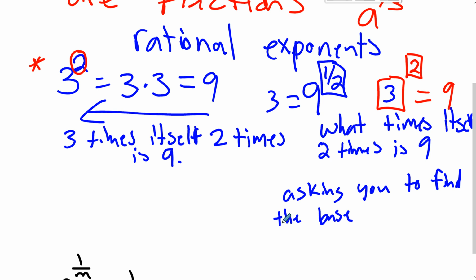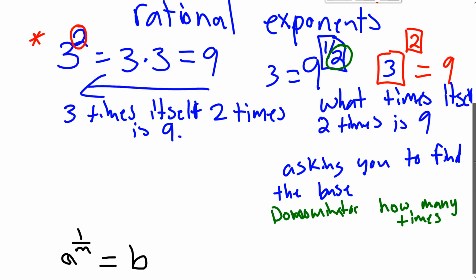The denominator of our fractional exponent is saying how many times you're multiplying a number by itself. So that's what the denominator tells you.